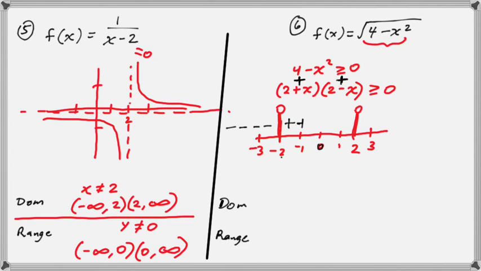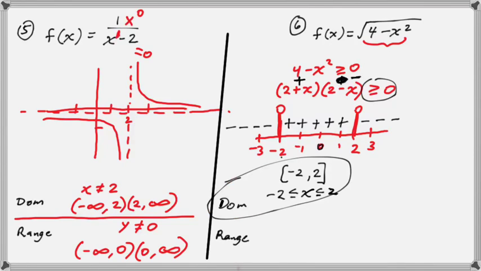Positive times positive yields a positive. So I put positives there. How about if you put in a 3? 2 plus 3 is positive, but what's 2 minus 3? Negative. Positive times negative is negative. I need it greater than or equal to 0, so that would be negative 2 to 2. That is your domain.